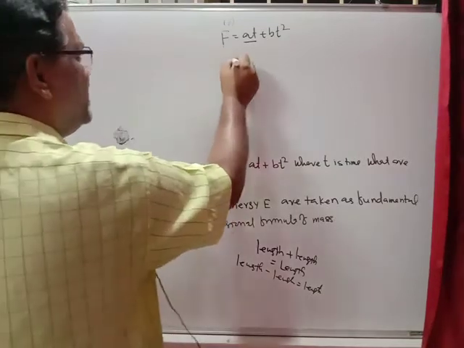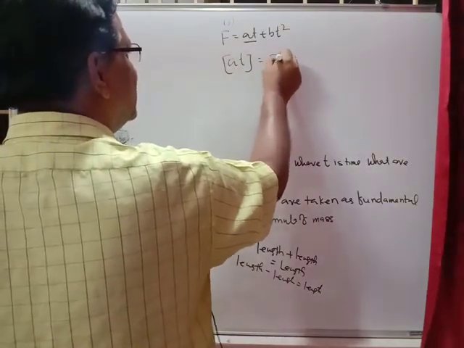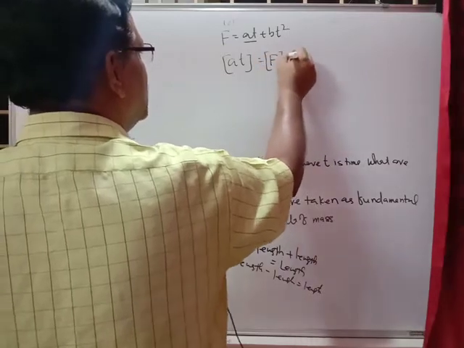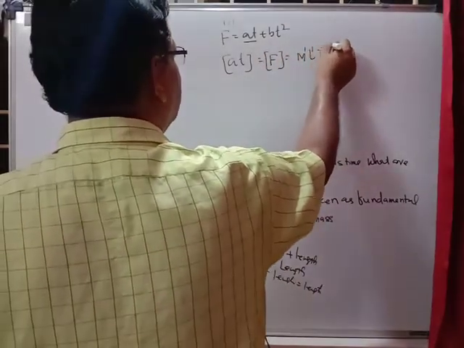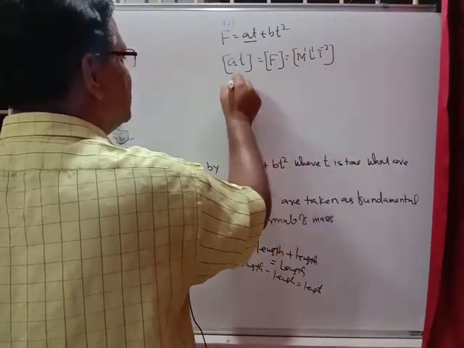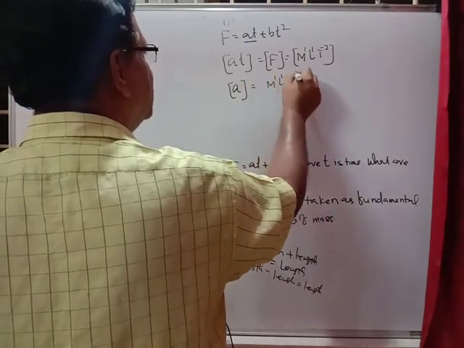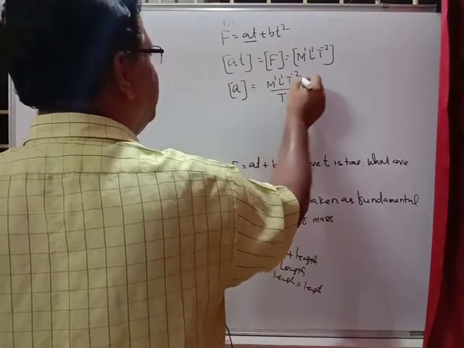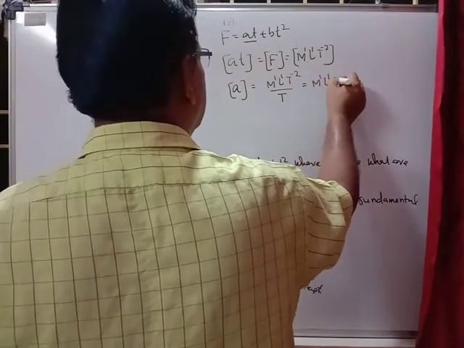Here the dimensional formula of AT must be equal to that of F, and you know the dimensional formula of F is M1 L1 T minus 2. The dimensional formula of A must be equal to M1 L1 T minus 2 divided by T, which is M1 L1 T minus 3.